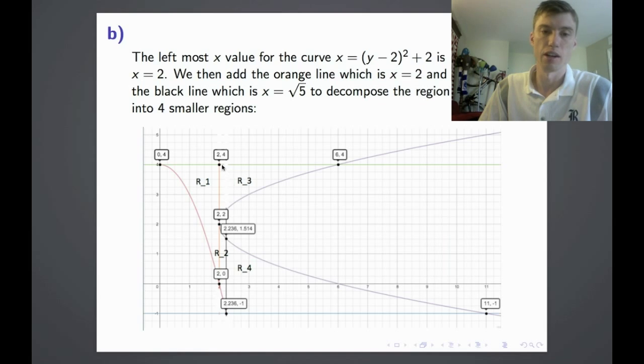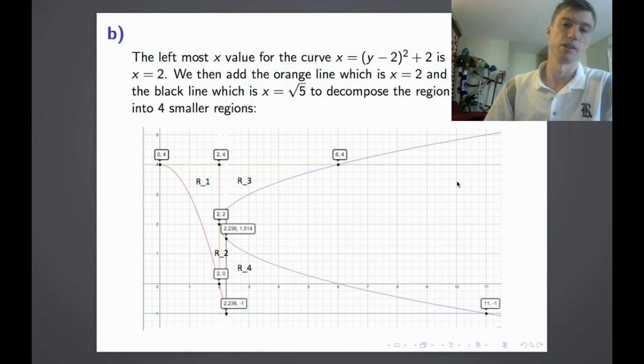R3 will have the top curve y equals 4, and the bottom curve y equals the square root of x minus 2, plus 2. And R4 will have the top curve y equals negative square root of x minus 2, plus 2, and negative 1 is the bottom function.